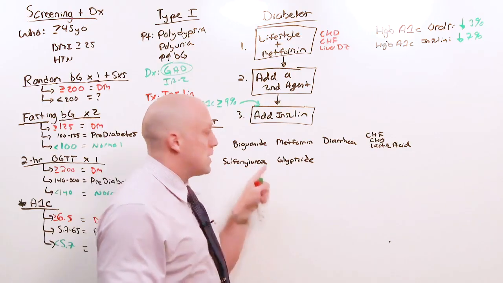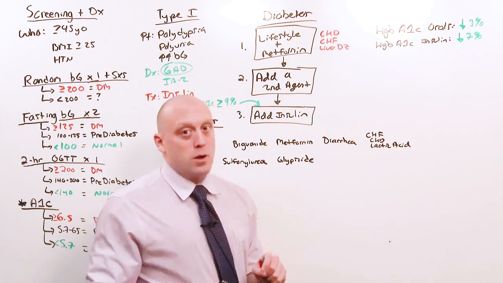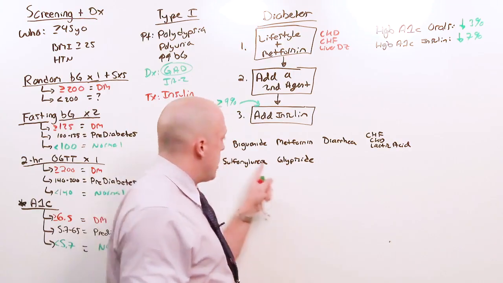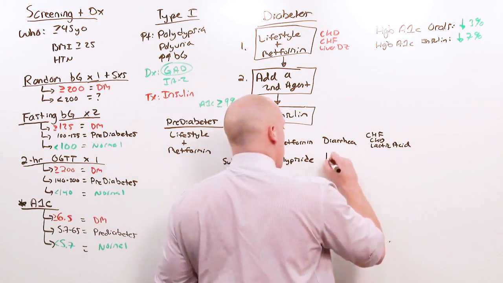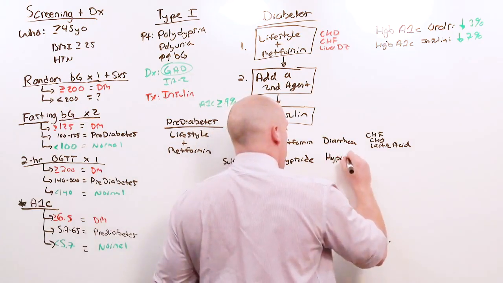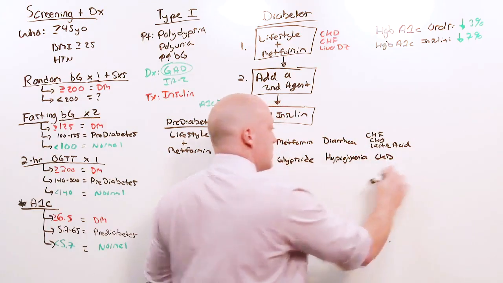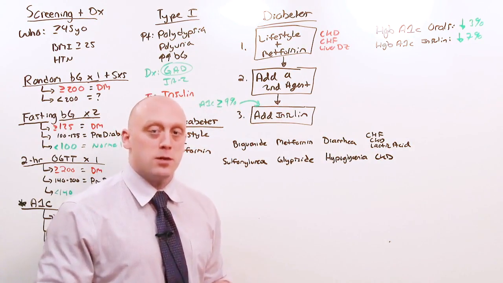Sulfonylureas are going to actually increase the expression of insulin. It's like giving insulin. We're going to talk about this in the hypoglycemia talk in the 3rd diabetes lecture. If you're on a sulfonylurea, you can cause hypoglycemia. So use caution in CKD patients because insulin is cleared by the kidneys. Still safe to use, just recognize that hypoglycemia may happen.